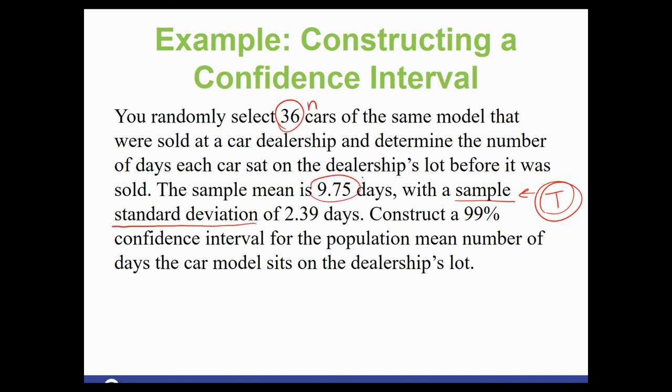We have our sample mean, that's x bar. We have our S for sample standard deviation. We have our confidence, 99%. In this case, our sample size was bigger than 30, so we don't need it to say normally distributed if it's big enough. And it does say random.